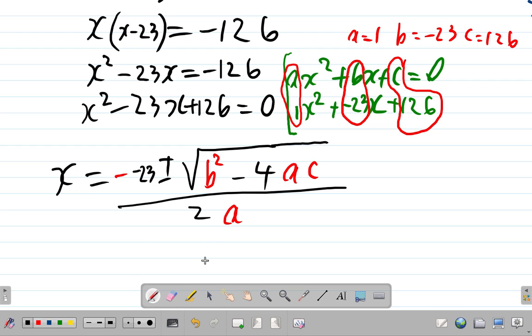B squared would be negative 23 squared. So it's negative 23 all squared minus 4 times a. A is 1. I can just erase this and put 1 times c. What is c?